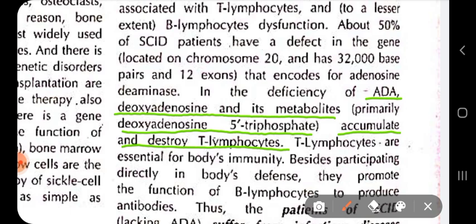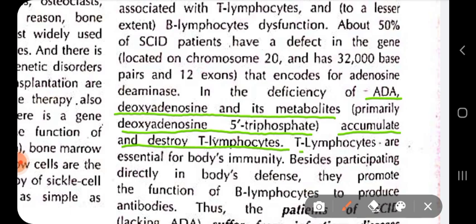So it will not get accumulated within the T lymphocytes, because adenosine deaminase is functional at that time. But suppose this enzyme becomes non-functional due to mutation, due to change in the nucleotide bases, then what will happen? Deoxyadenosine 5' triphosphate and other metabolites related with deoxyadenosine will get accumulated within the T lymphocytes and will destroy them.